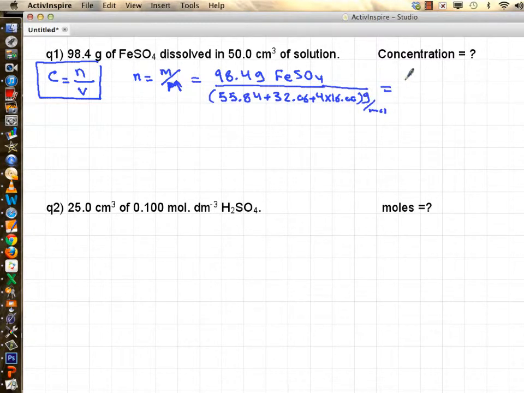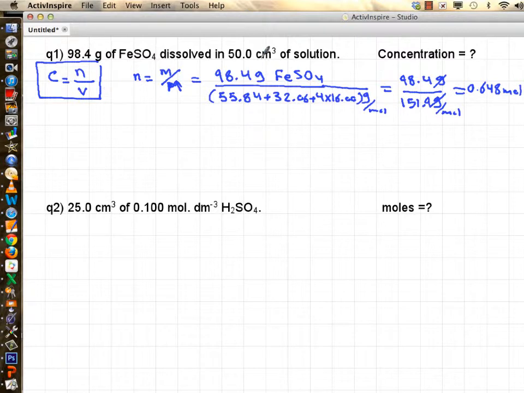So this is 98.4 grams divided by, once you sum this up, 151.9 grams per mole. When you do the division, grams cancel each other out, and you will have 0.648 moles of solute.